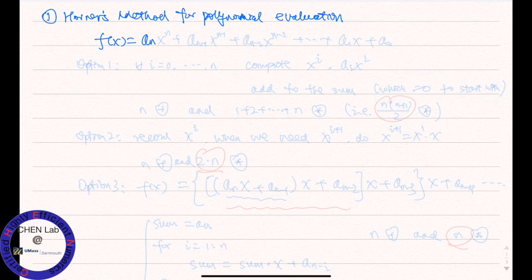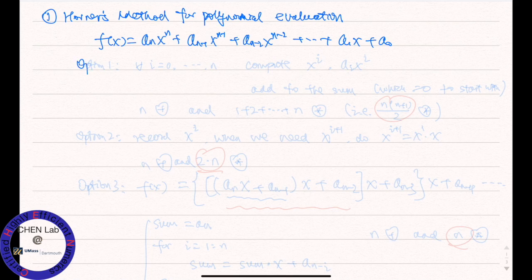Say we have a polynomial a_n x^n + a_{n-1} x^{n-1} + ... all the way to a_1 x + a_0. Think about how we evaluate it.